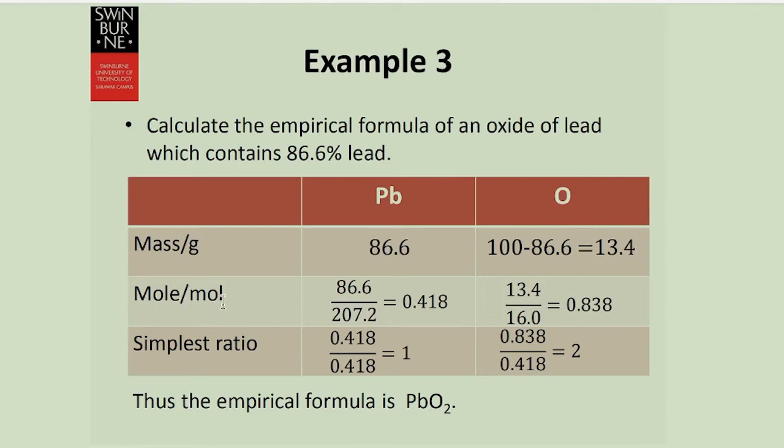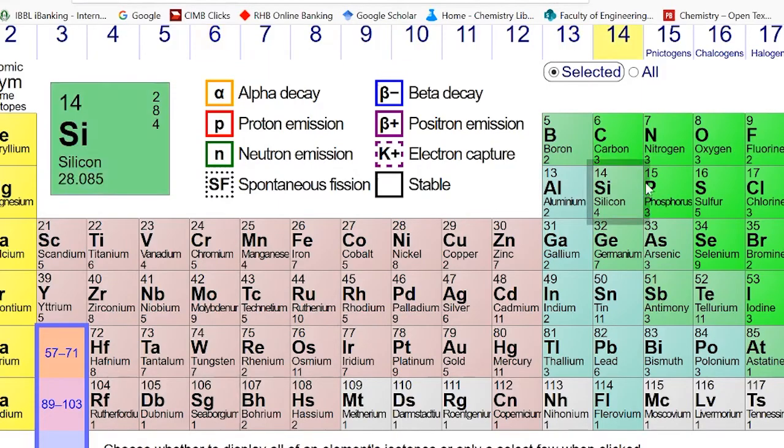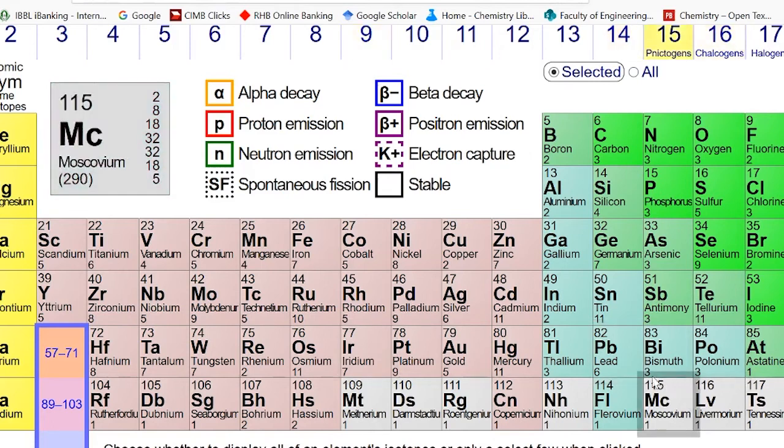So we will find the number of moles. We will divide the mass, that is in gram, by the molecular weight of lead. And the molecular weight we can find from the periodic table. If we go to lead, we will see that its atomic weight is 207.